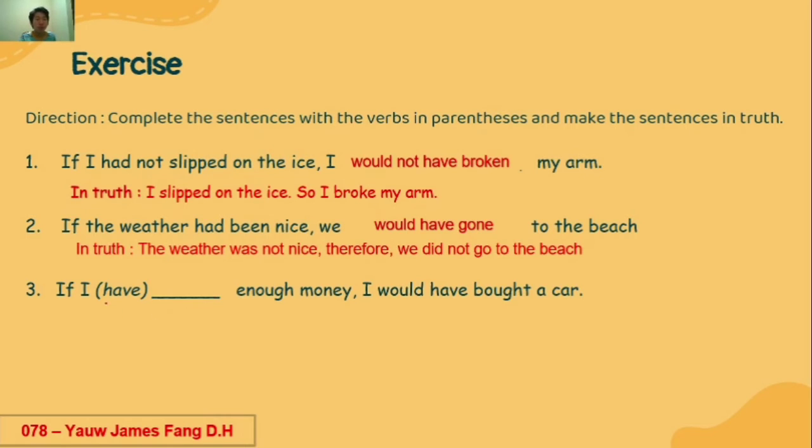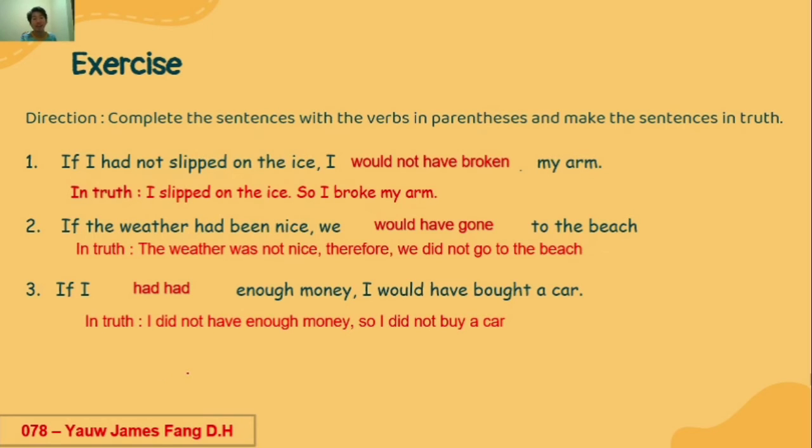Because the verb in the if clause is have, therefore the past participle is had. So the answer is if I had had money, I would have bought a car. And in truth, I didn't have much money, so I didn't buy a car.